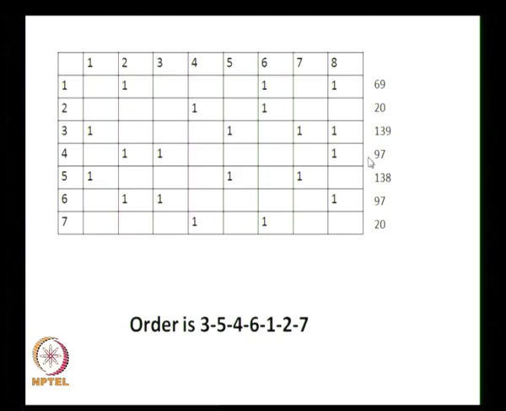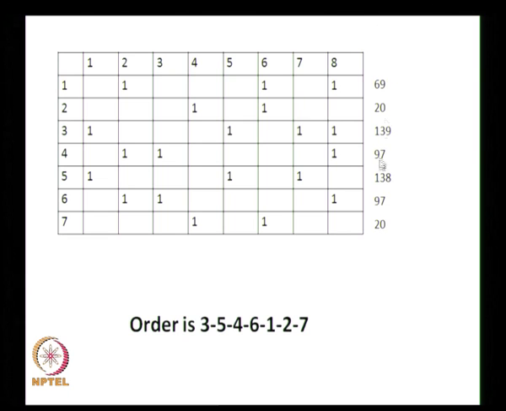Now, the rows are rearranged according to the decreasing order, or non-increasing order, of the weights. So, 139 comes first, 138 comes second, there are 2 with 97, we can use either 4 first or 6 first, or the other way. Then there is one with 69 and then there are 2 with 20.